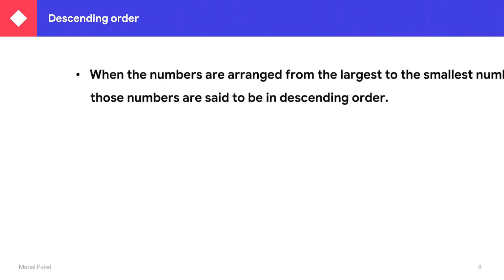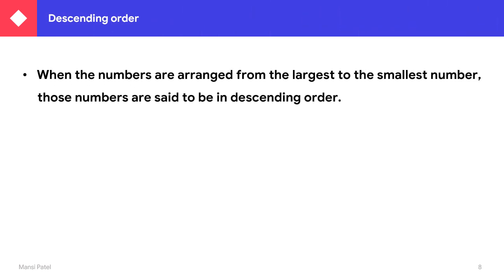What is descending order? When the numbers are arranged from the largest to the smallest number, those numbers are said to be in descending order. So in descending order, first you have to write down the largest number and then move to the smallest number.